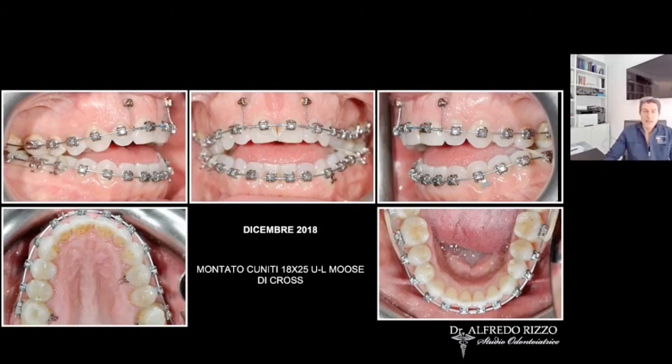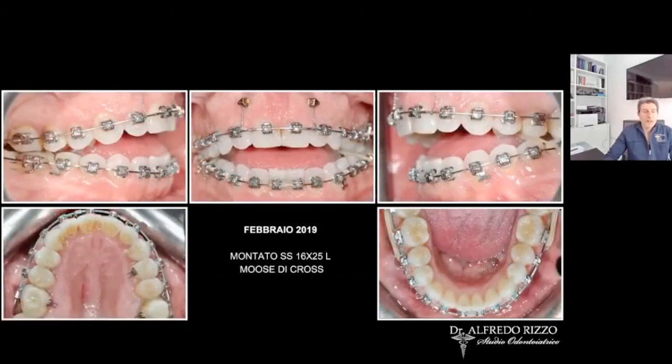Now we are ready to switch to copper night tie 18/25 with the elastics of 6 ounces of force, while the mini screws keep the position of the upper incisors.